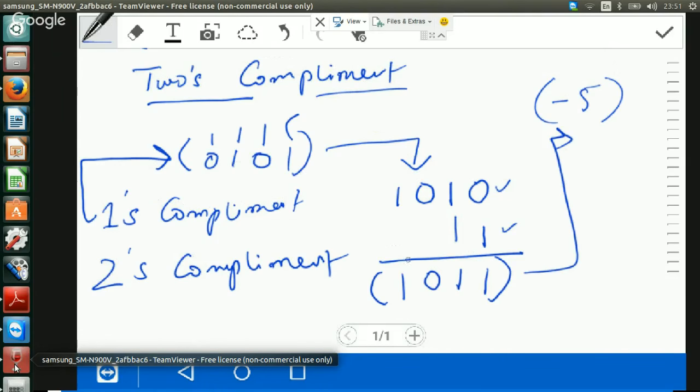All numbers having a negative value will always have the leftmost bit as 1. So this is one example.